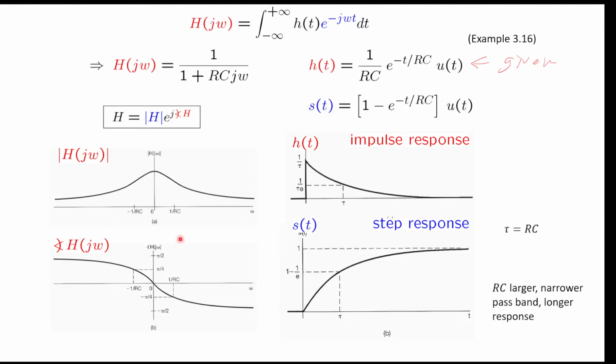So we actually have an engineering trade-off here. If you want the filter to be more sharp, so if you're filtering a smaller range of a signal, then you want to increase RC.